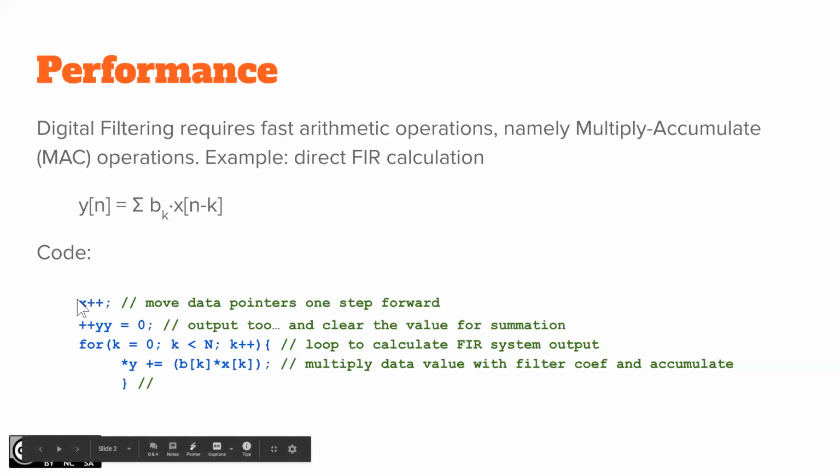There's data pointer stuff there at the beginning, the pointers, and then you have a for loop for the length of the FIR, and just go through the terms B and X, multiply those together and sum those to the next value of the output.